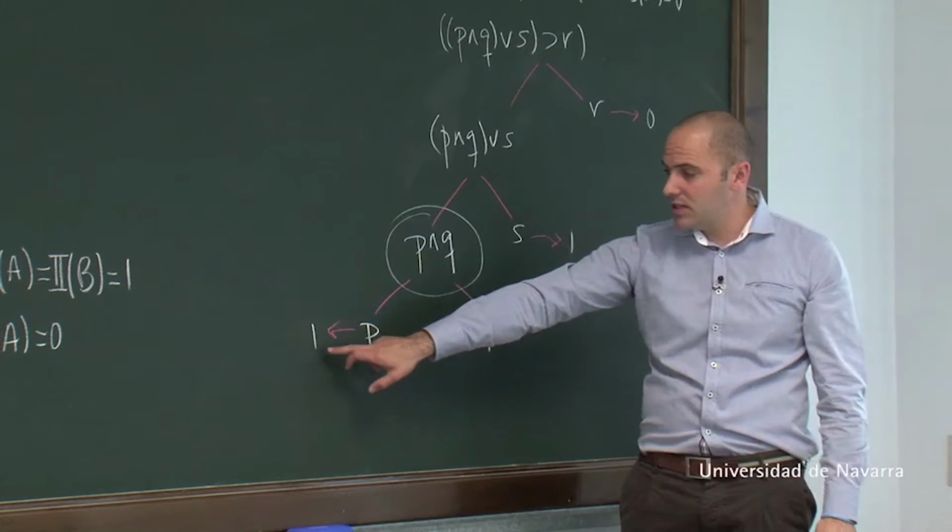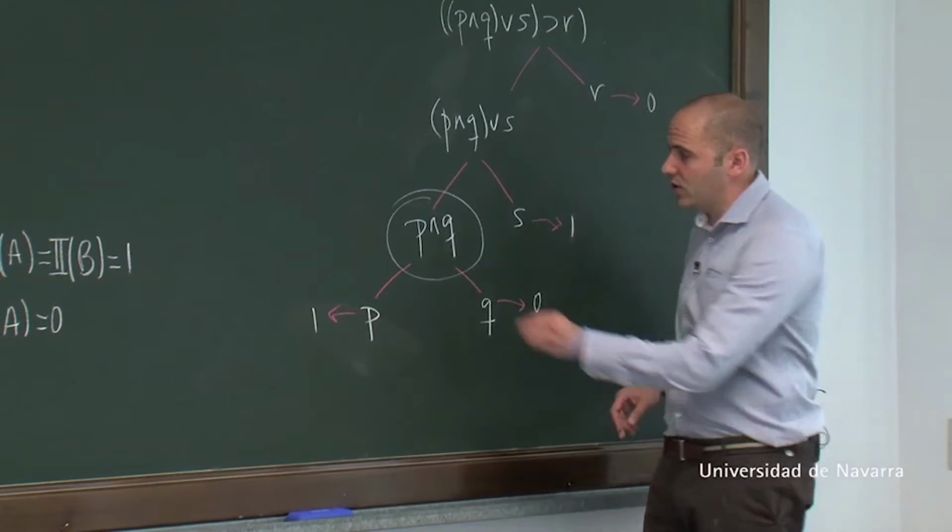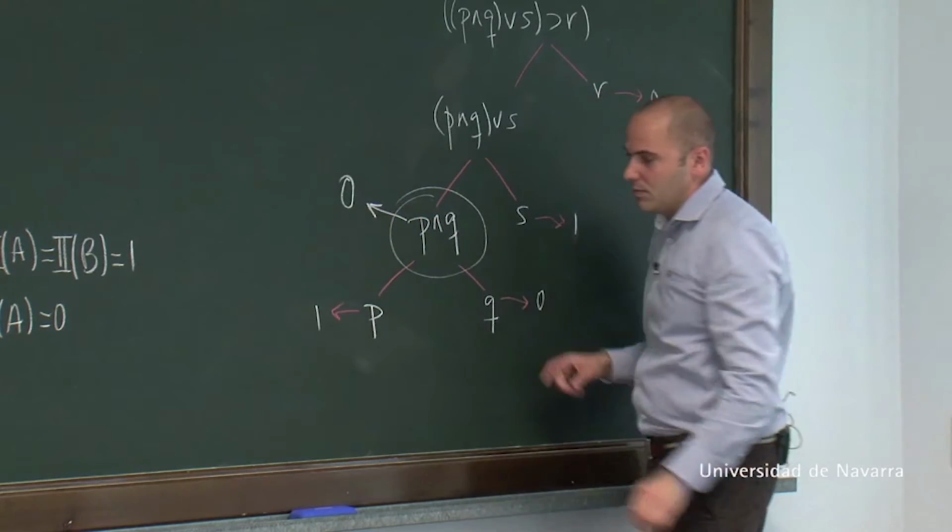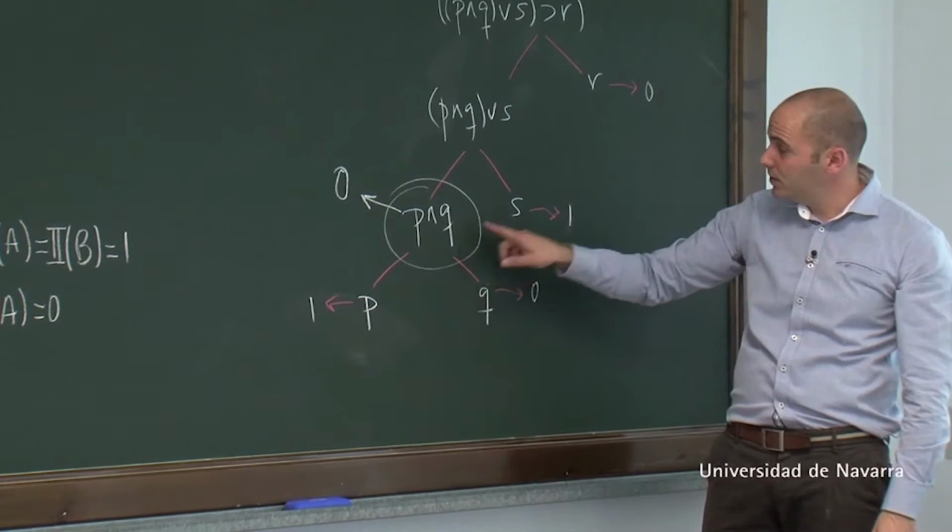We've got here that P takes value 1, but Q takes value 0, so P conjunction Q is going to take value 0.